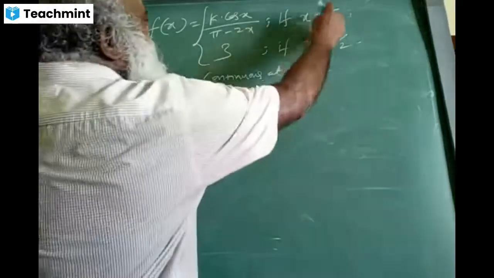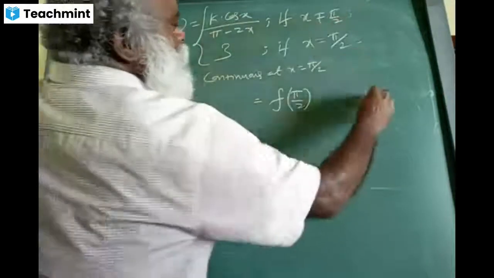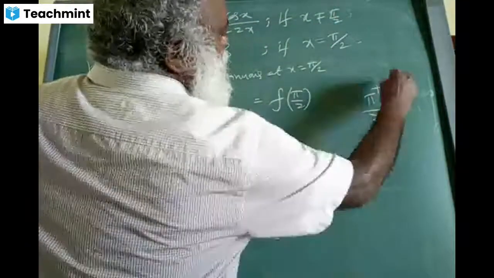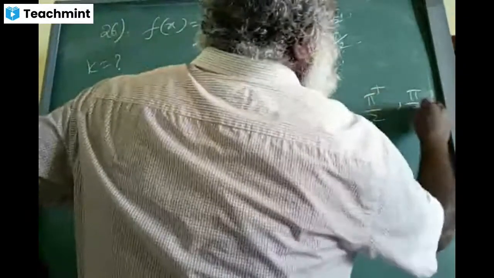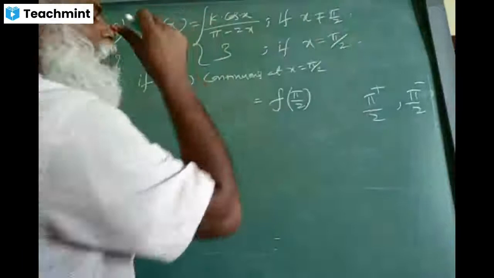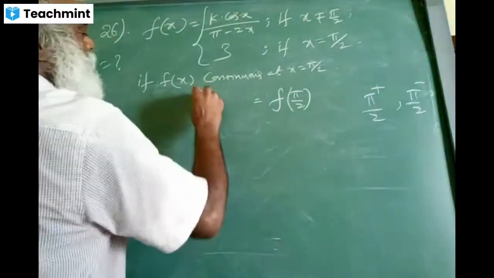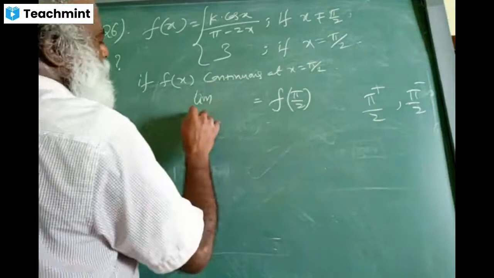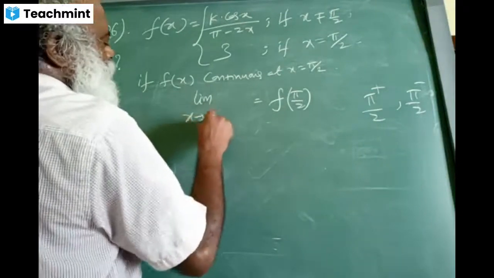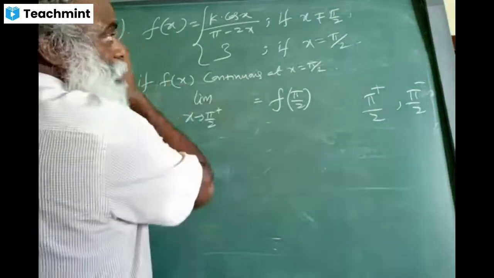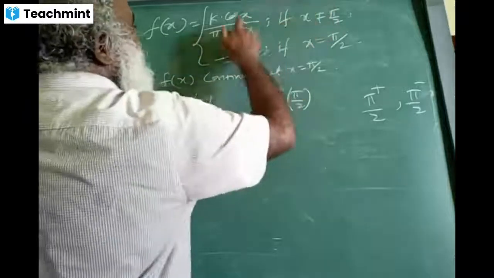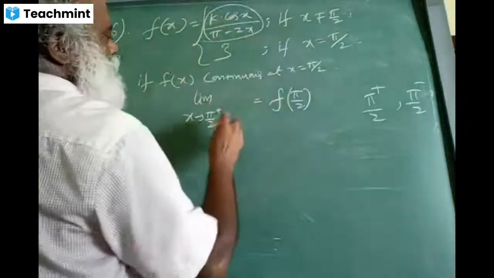For x not equal to pi by 2, both pi by 2 plus and pi by 2 minus have the same function, so you take either one.